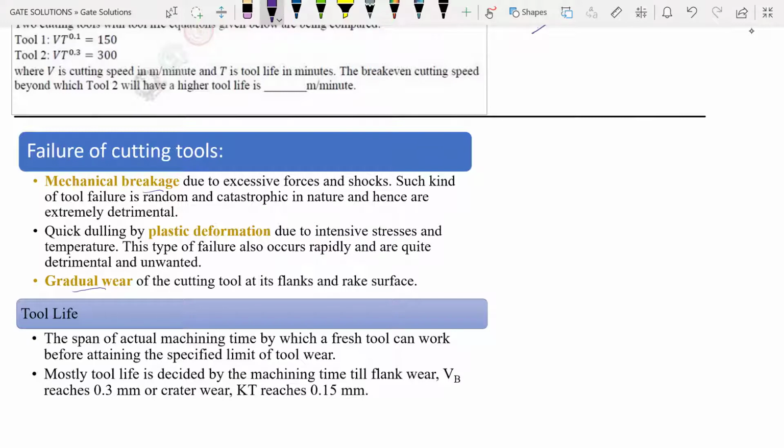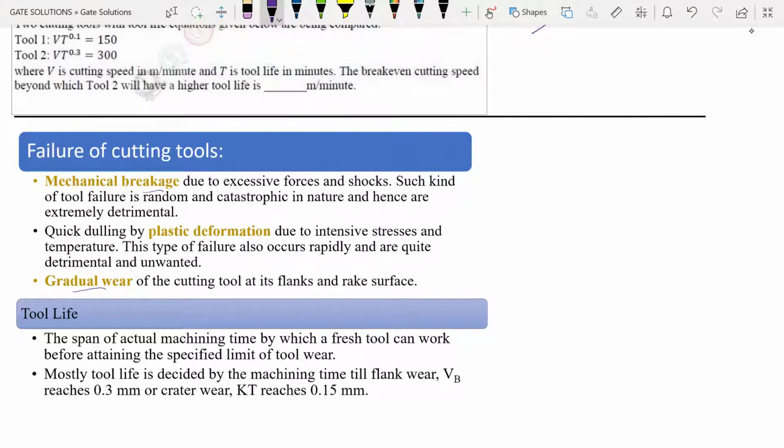The next is plastic deformation, which occurs due to intensive stresses and temperature. It occurs rapidly and is quite detrimental and unwanted. The third one is gradual wear, which occurs at the flanks and rake surface.